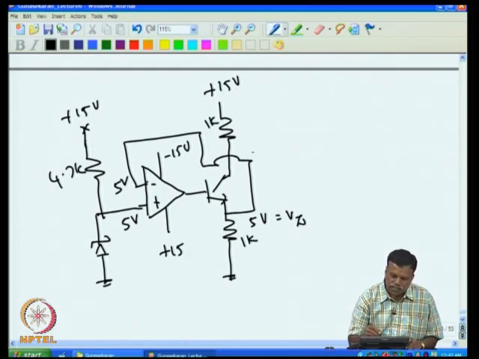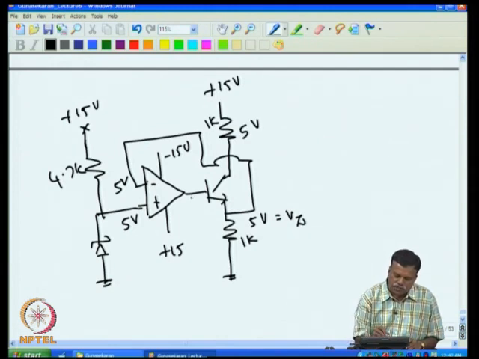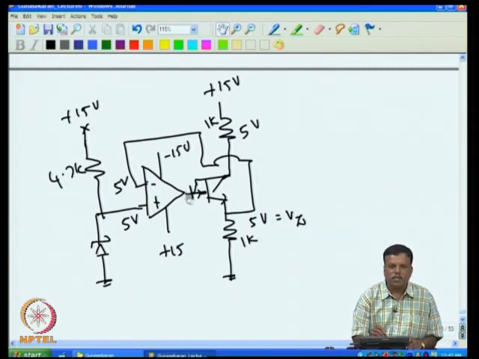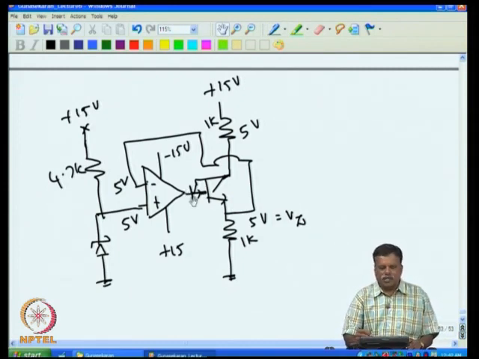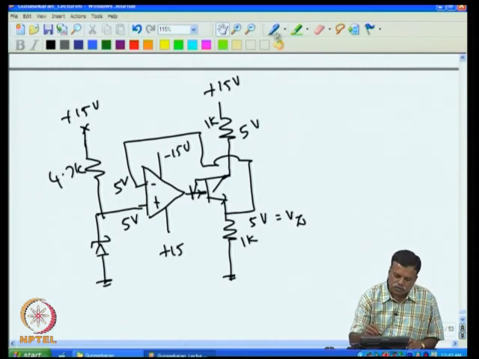Then the voltage across this also will be equal to 5 volt. Of course, this is true only when the base current is negligible. I can make the base current negligible by putting a Darlington here, because if this is 5 milliampere, the base current becomes 0.5 microampere, which can be neglected. Now I get the voltage across this Zener, which is 5 volt.